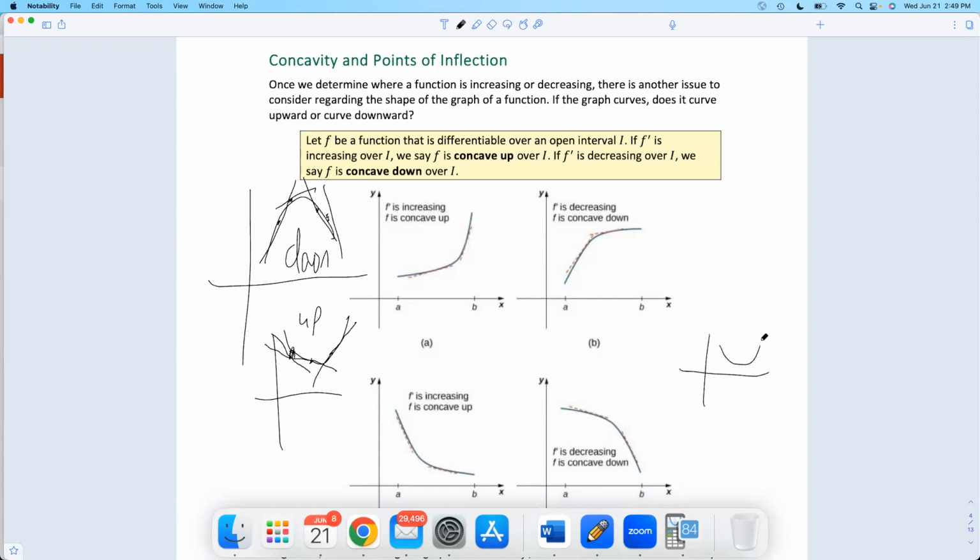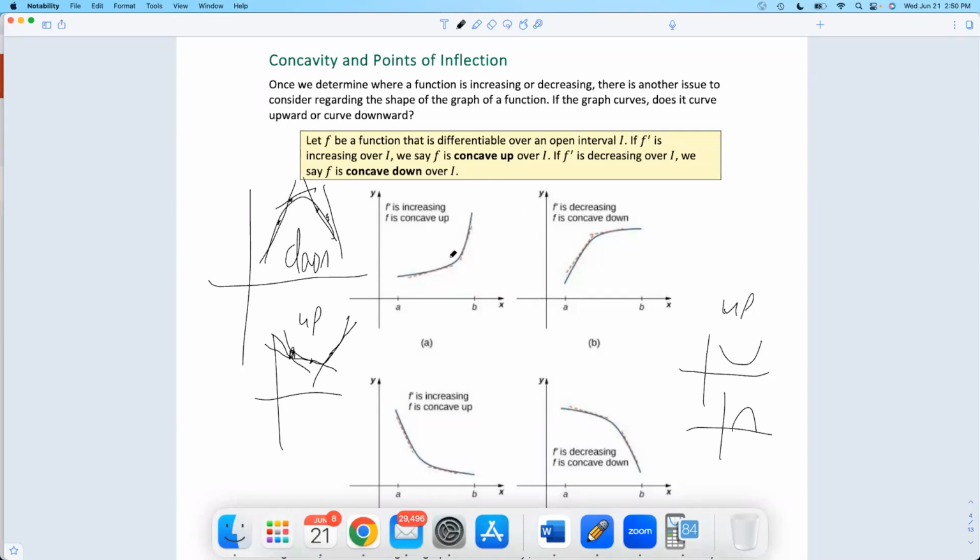Concave up is a right side up bowl. Concave down is an upside down bowl. You've just done the dishes and you're letting the bowl dry in the strainer, so you turn it upside down. That's concave down. The bowl was pointing down.